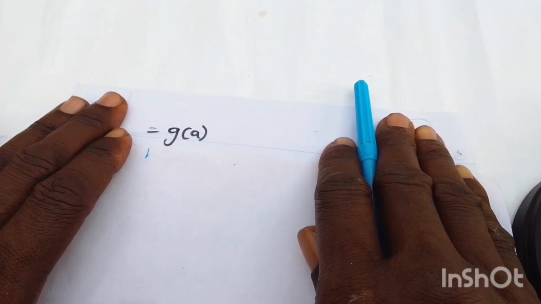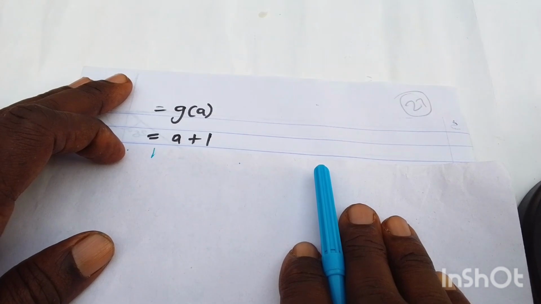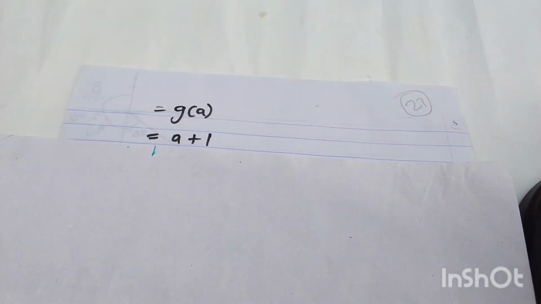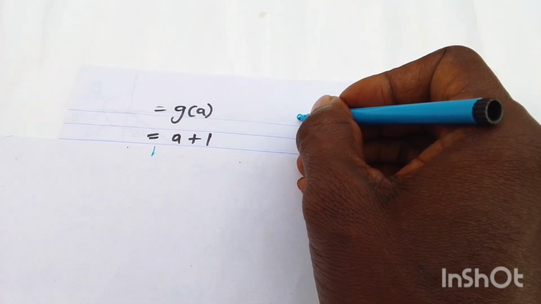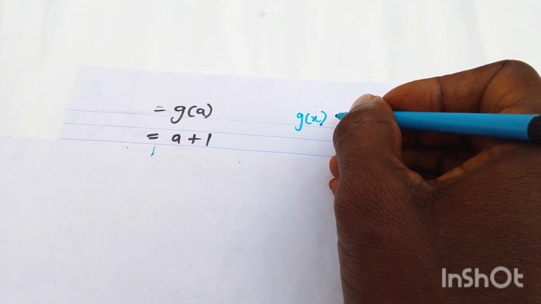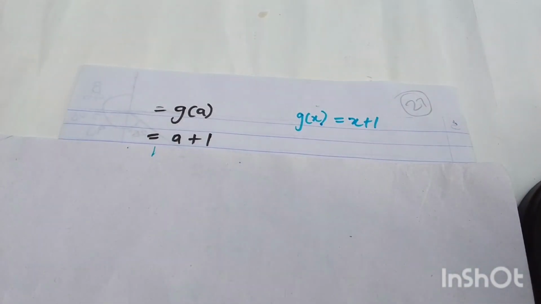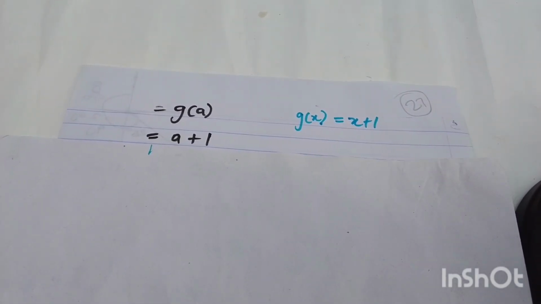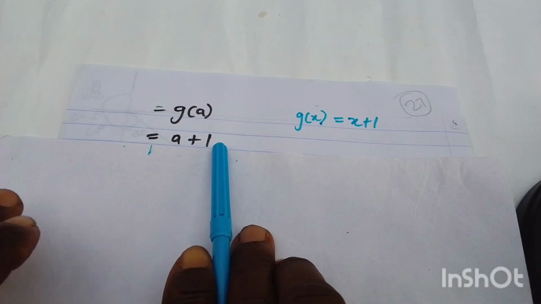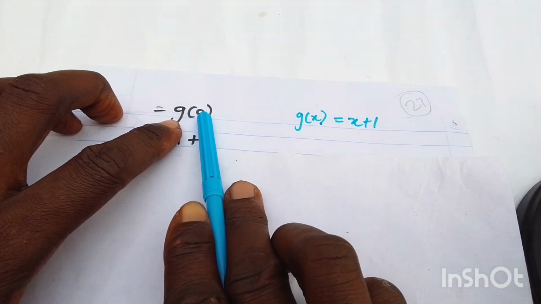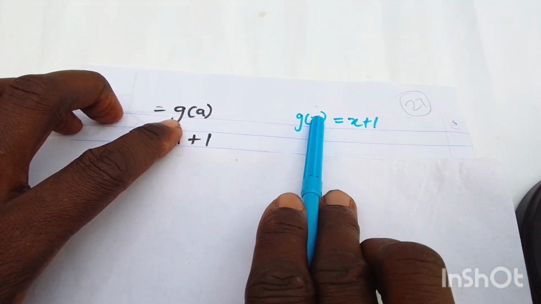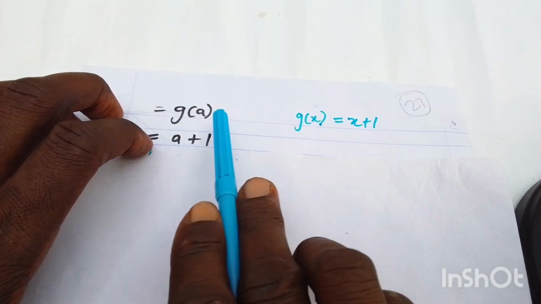So to remove this g, you know that our g of x is equal to x plus 1. From the question, g of x is equal to x plus 1. So in place of x here, I'm going to put a, since this is a here.